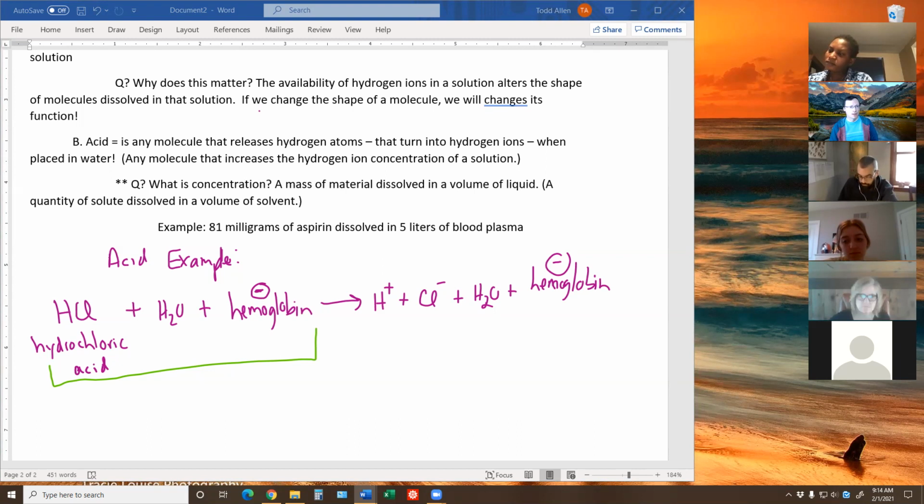On the left side of the chemical reaction, indicated with the green bracket, how many hydrogen ions are there? What do you say, folks? How many hydrogen ions are there?